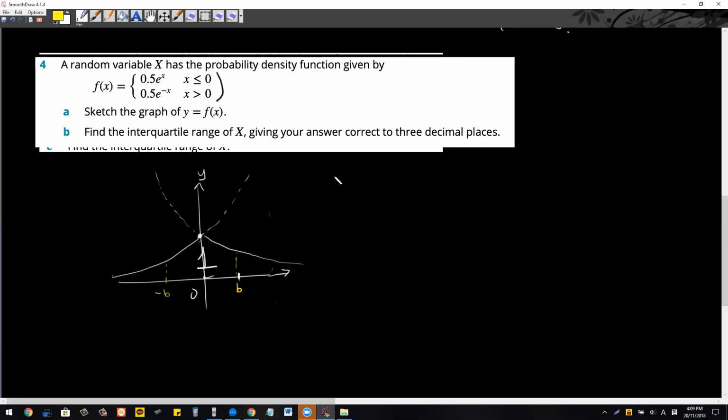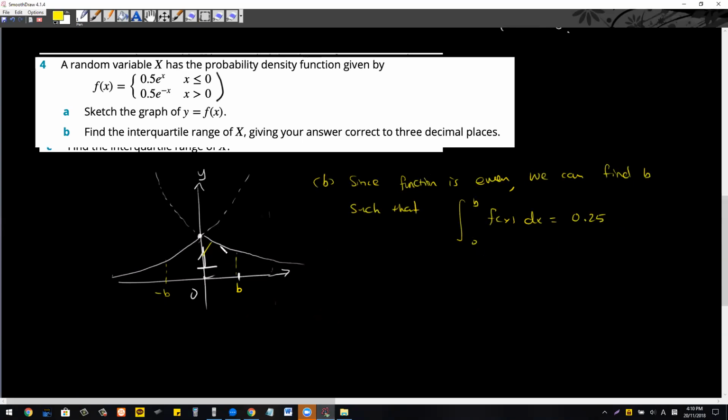Because it's symmetrical, since the function is even, meaning symmetrical against the y-axis, we can find B such that the integral from 0 to B of f of x dx equals 0.25.